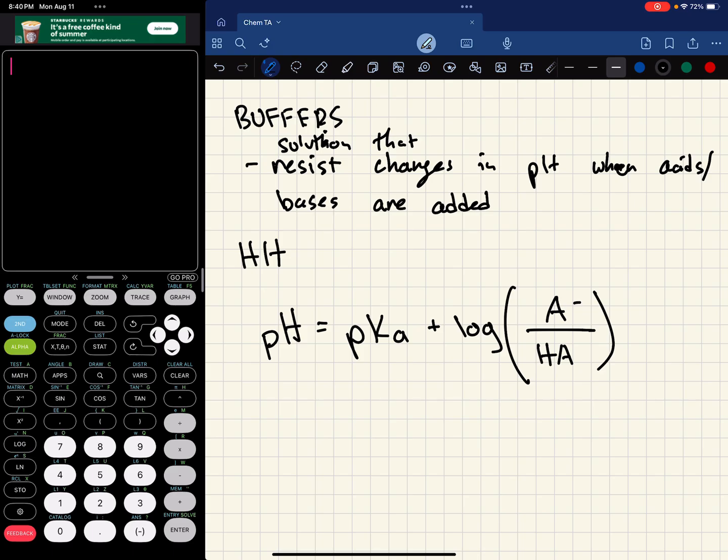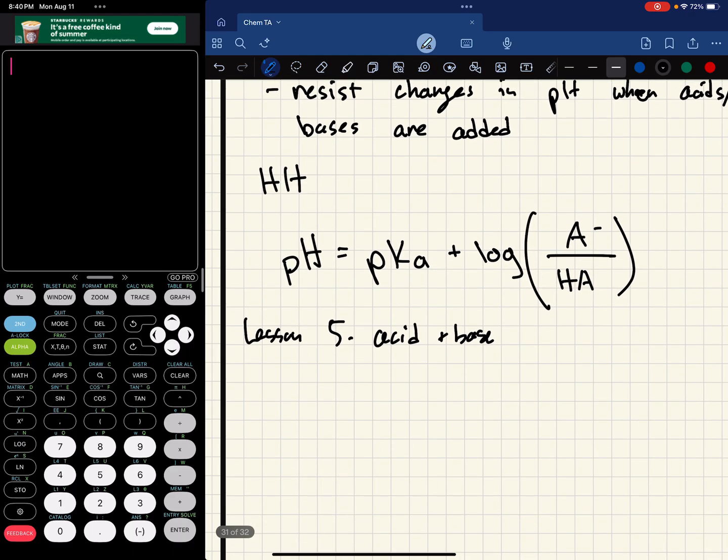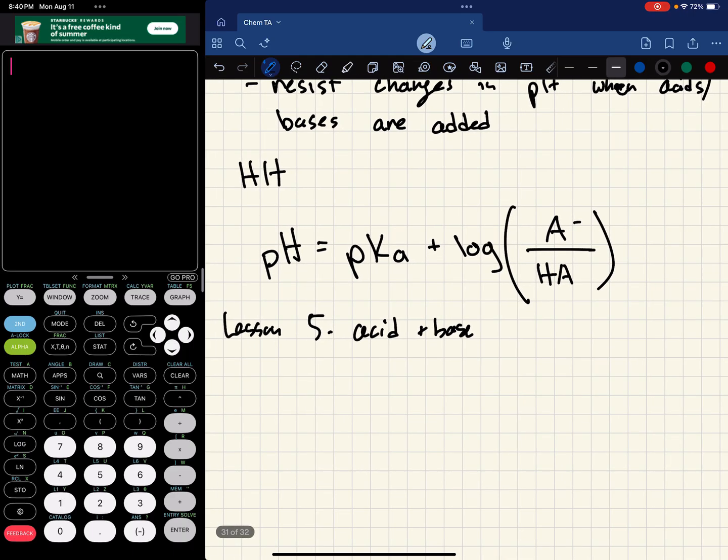Let me just give you a practice problem to show you what this could look like. I got this just from your lessons, from lesson 5 acid and base 1, from the buffer section. You probably have already done this, but if not, here you go. If you have, here's a good review.